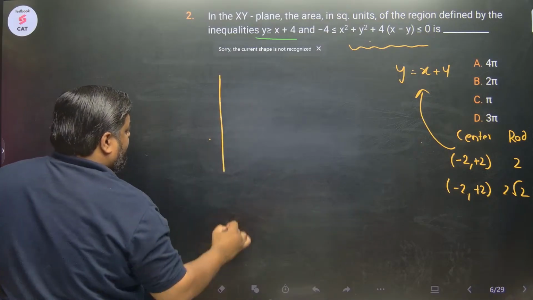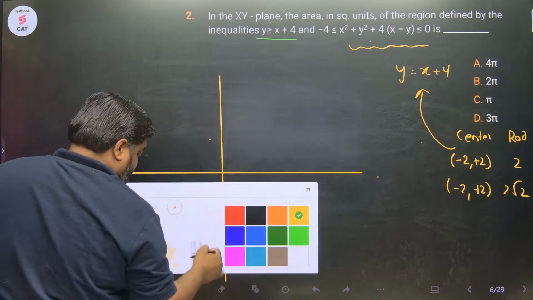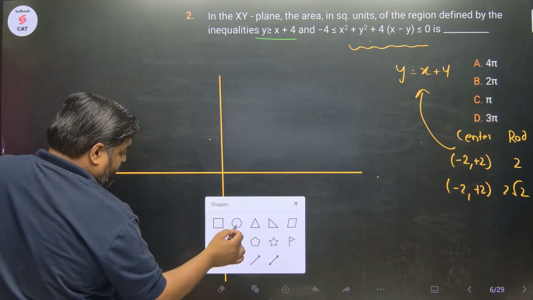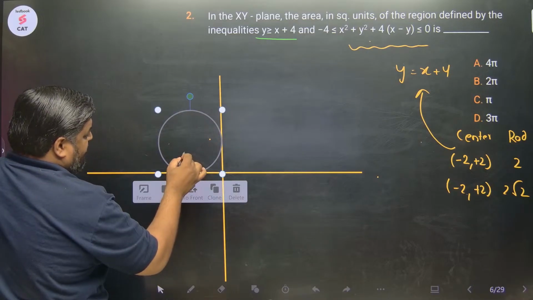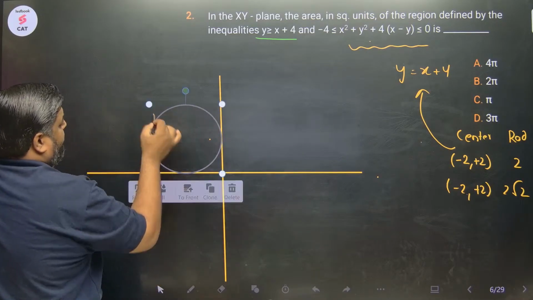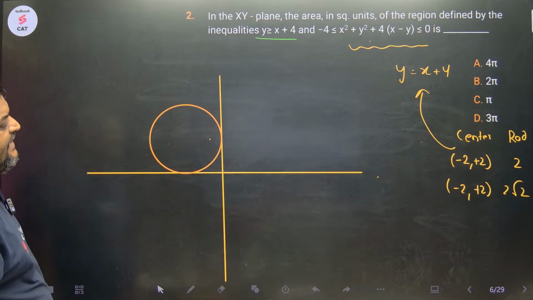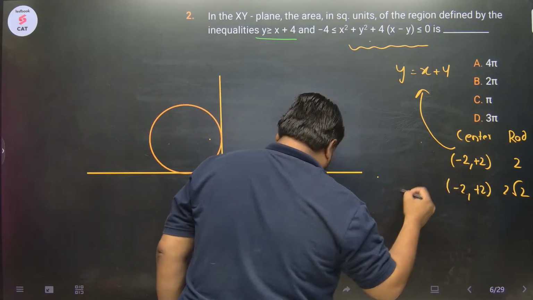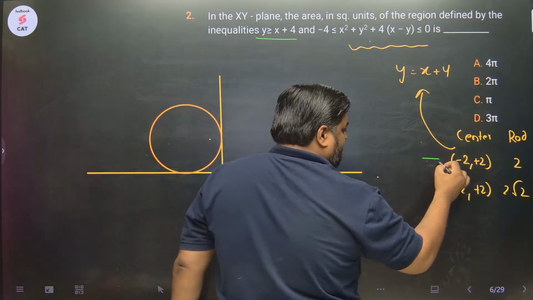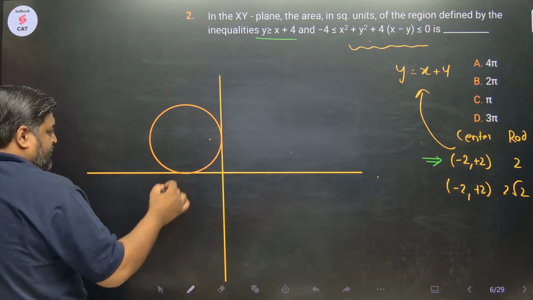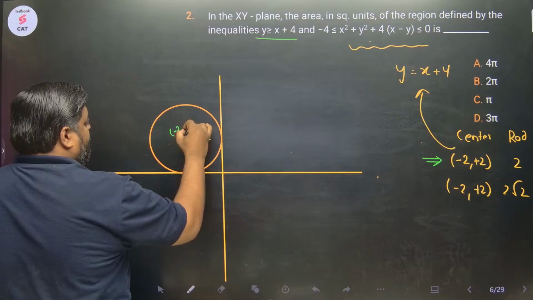How will it look? So let this be the circle with center (-2, 2), and radius is 2. I am plotting the first circle, this one. The center is (-2, 2) and the radius is 2.